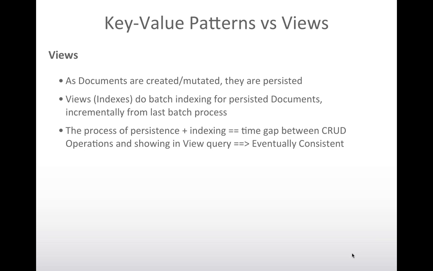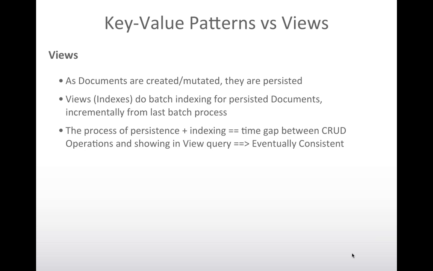Because you may have a little time between the moment you save the data in the database and the moment the index is updated, you may have an eventually consistent system that you have to check inside your application.